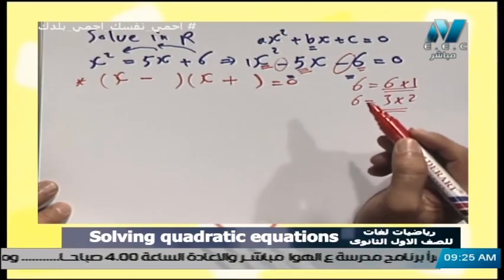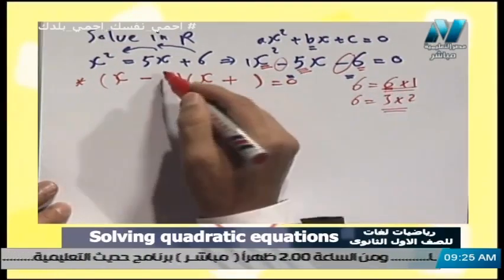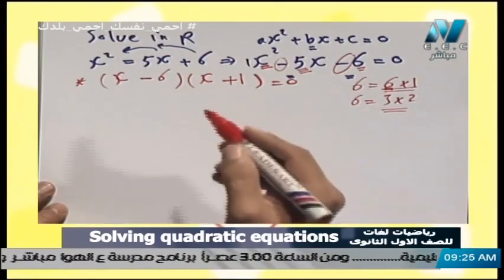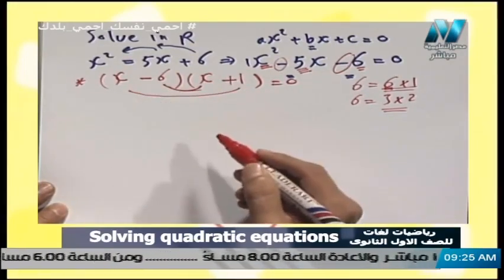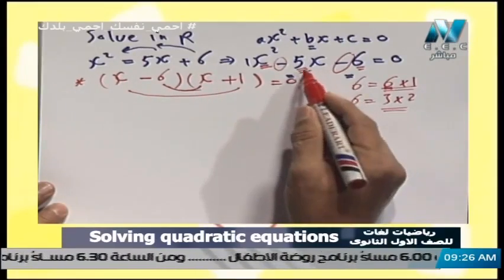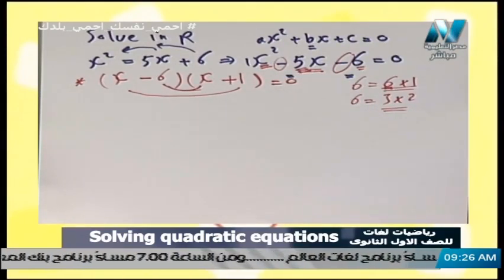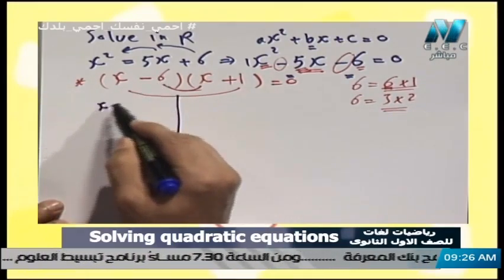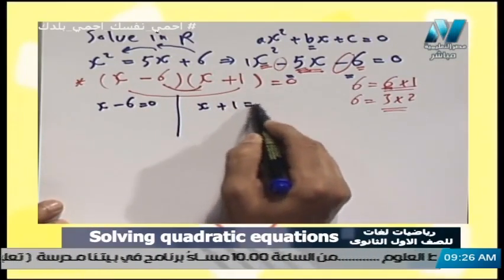And of course we will put negative beside the biggest number, which is 6. So it's 6 multiplied by 1, and if we find the product of the means and the product of the extremes, we find that negative 6x plus x equals negative 5x, which is the middle term. So the factorization here is right. To solve this equation, as we know, we put x minus 6 equals 0, and x plus 1 equals 0.